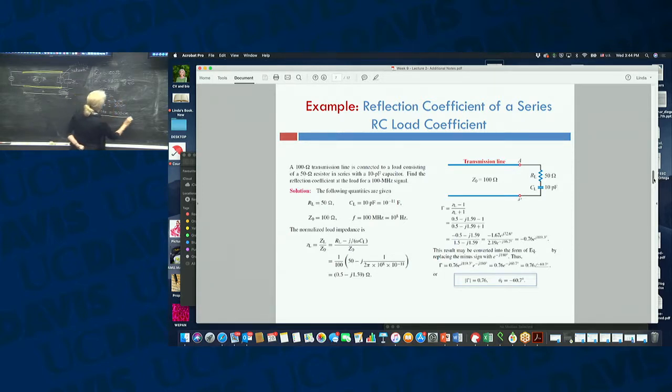Okay, just that to keep in mind. But here, they give you f, so this is going to be 2 pi f, which is 100 megahertz, times C. So you compute that. And by computing this, you have z sub L.